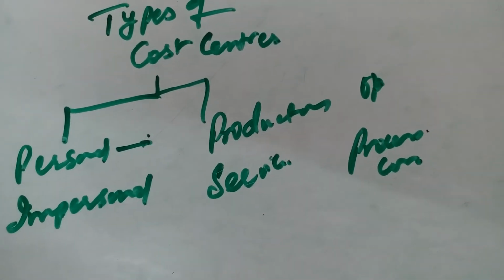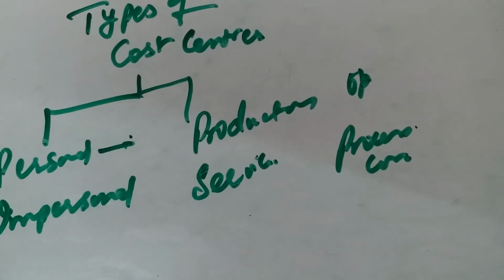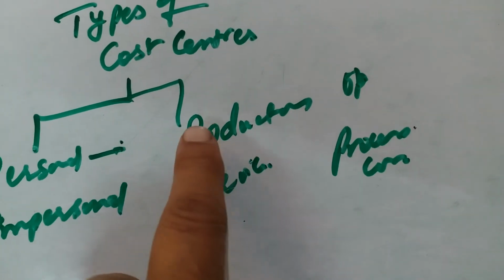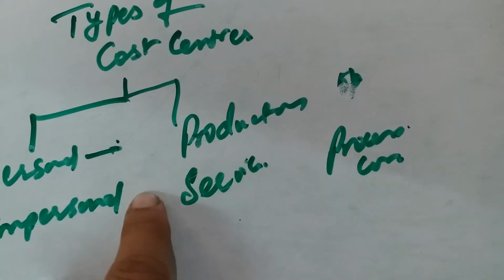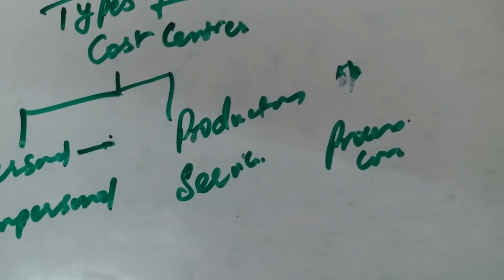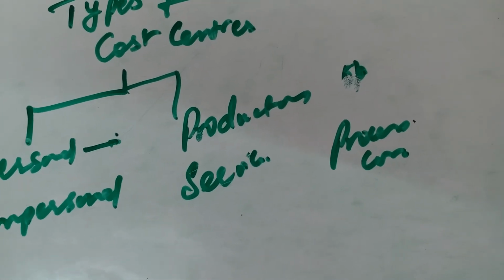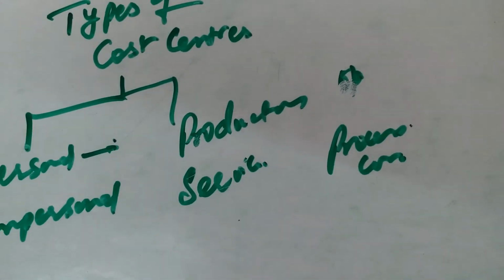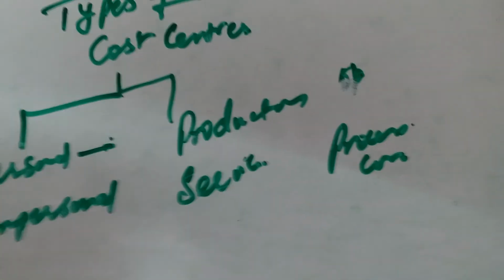For example, if I say maintenance department, the maintenance department is giving services. So this is a service cost center. When I say administration department, what is the administration department doing?